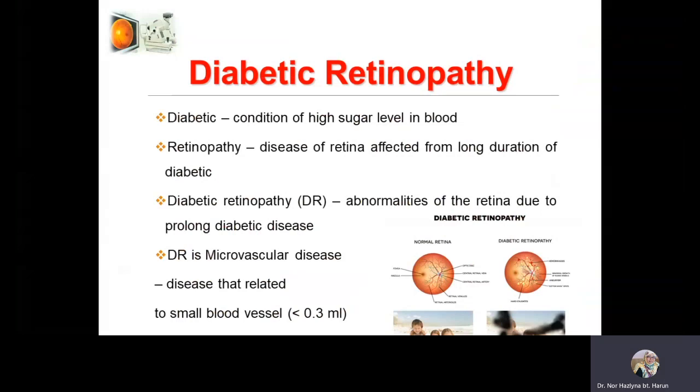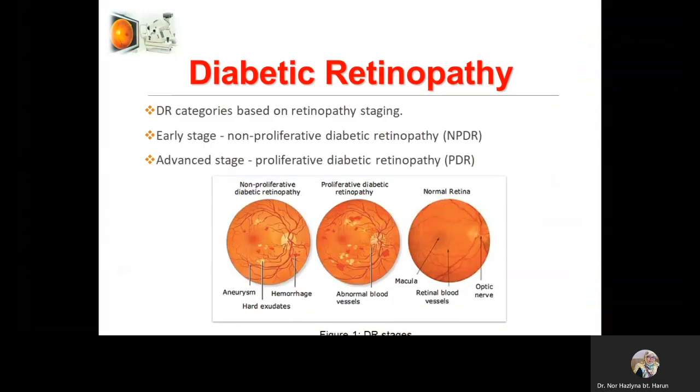Diabetic retinopathy is also known as microvascular disease, which is a disease related to small blood vessels less than 0.3 millimeter. However, diabetic retinopathy is also categorized based on retinopathy staging.